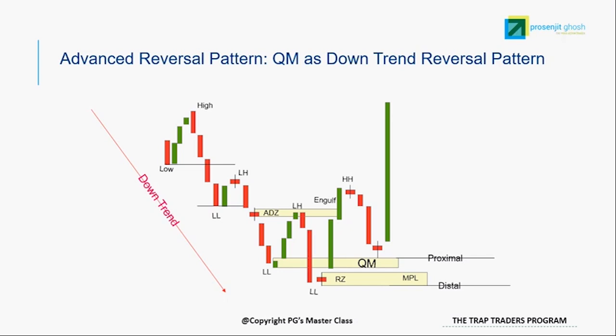A big rally will happen from when the QM forms. We expect a big trend there. So this is an example of a demand QM.